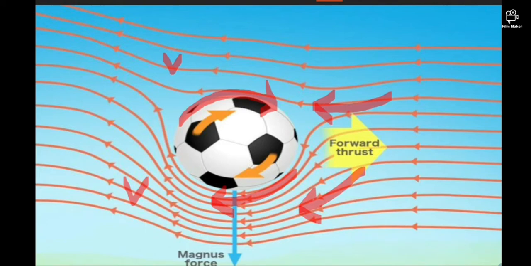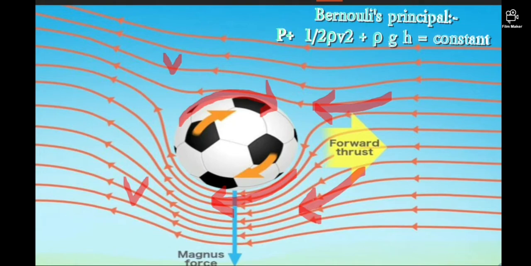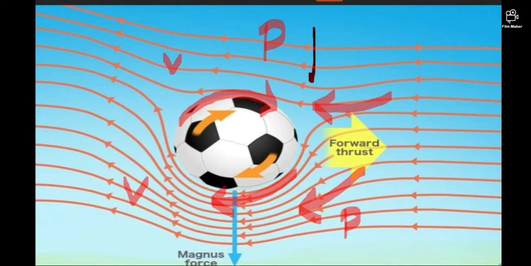We all know that air is a fluid. So from Bernoulli's principle, we can conclude that the pressure of air in this direction is more than the pressure in this part. So what will happen? It will create more pressure, and see that the Magnus force is also acting in this direction.